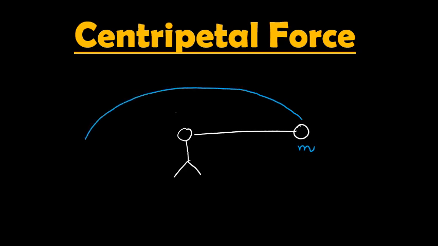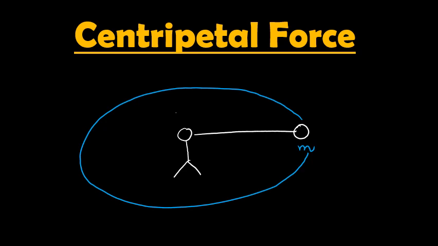Consider a boy with a rope, and a ball of mass m is connected to the rope. When the boy moves this ball, the ball moves in a circular path like this.